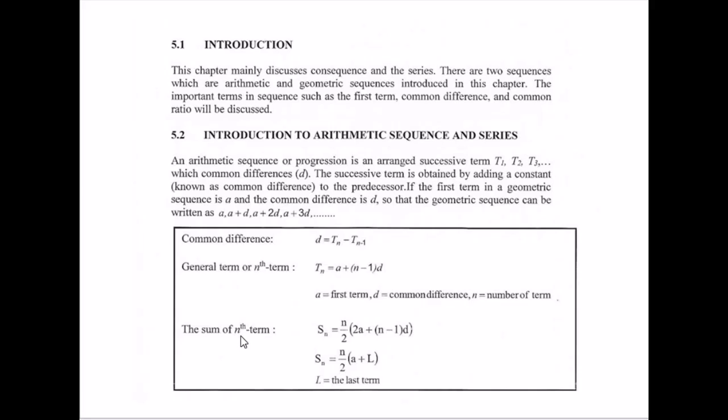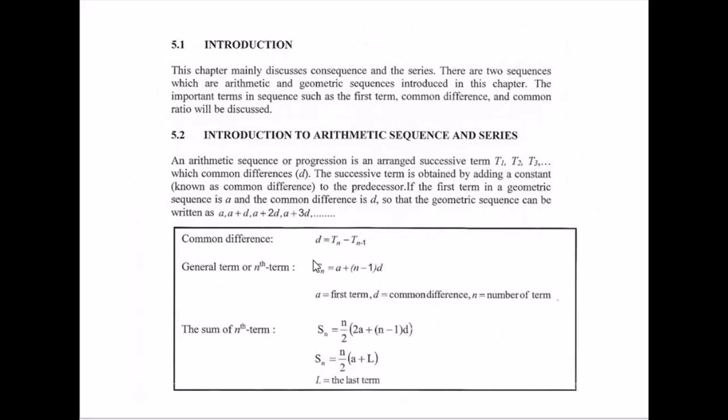The sum of n terms. Sn equals n over 2 multiplied by, in bracket, 2a plus (n minus 1) in bracket, multiplied by D. So here we need to know three important formulas. Number 1, how to find D, the common difference: term minus the previous term.